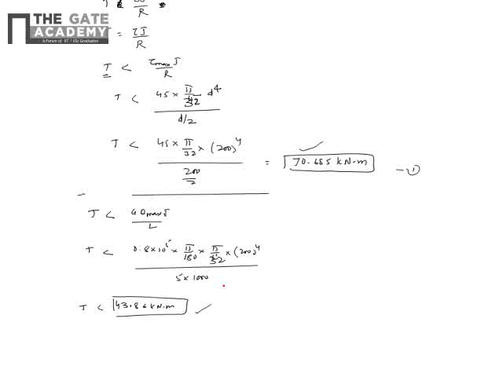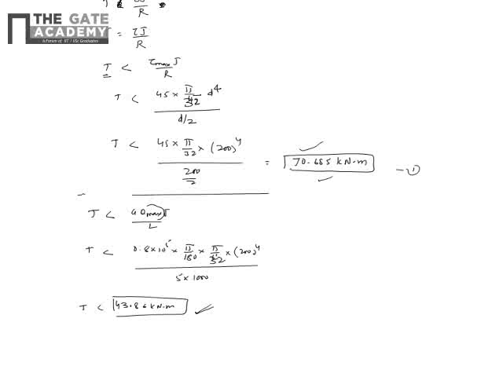Now obviously the torque has to be the minimum of these two, which will keep both the stress and the angle within limits, because if I apply 70, my angle of twist will be more. If I apply 70, angle of twist will go beyond 1 degree, so that will fail.